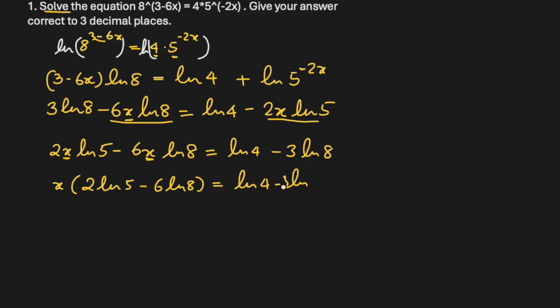Let's write this one the same because the calculator has to do its work, so we don't have to bother. So x will be, this whole thing is multiplying with x, so it will become the denominator to the right side now. 2 natural log 5 minus 6 natural log 8, and then we already have natural log 4 minus 3 natural log 8.